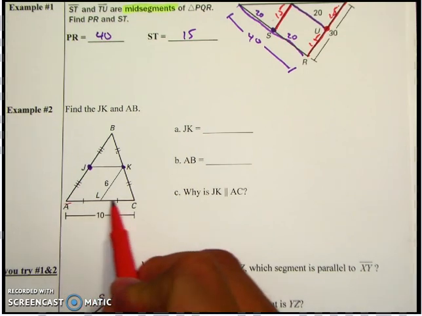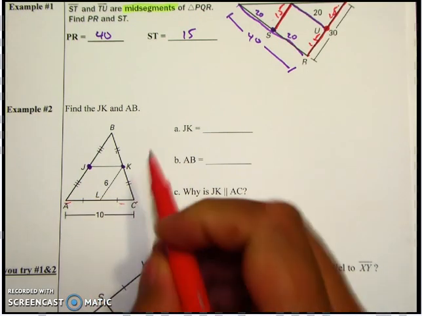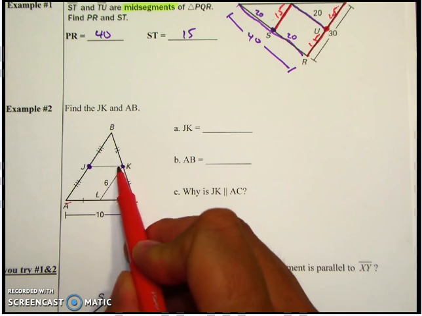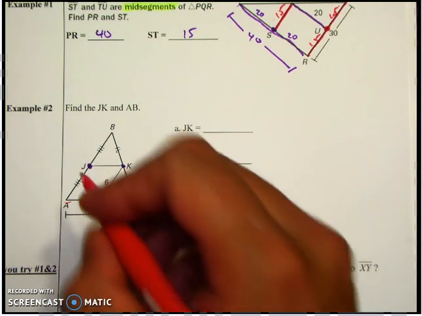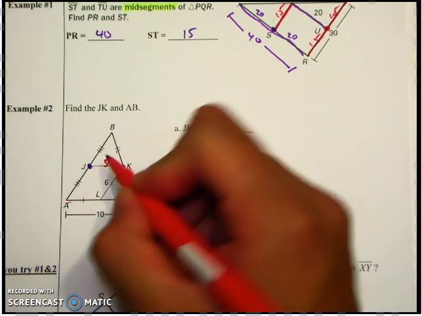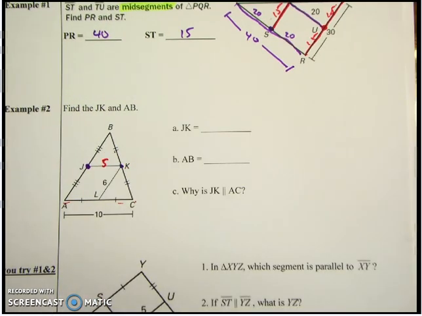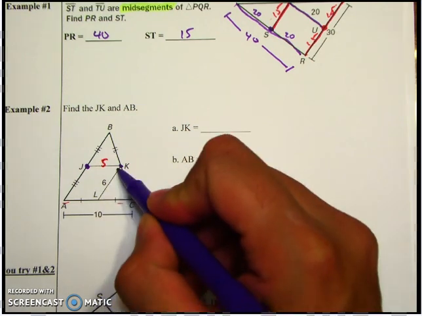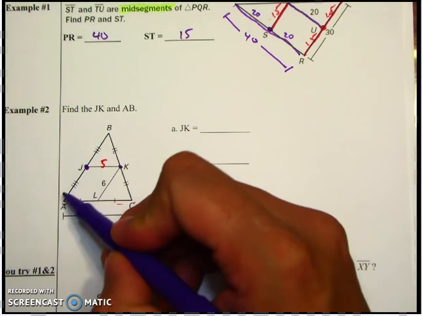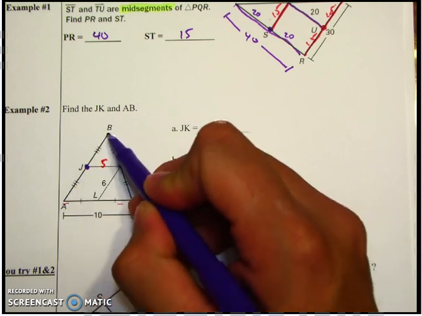Since there's a 10 right here, what would this be? So half of 10 will be 5. This is 6. What would this be? The whole thing AB.